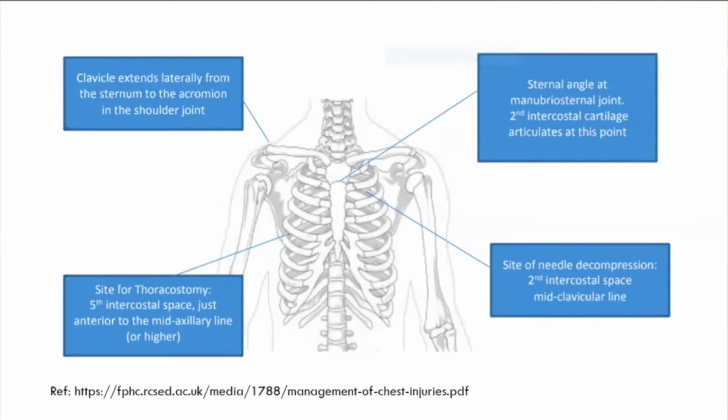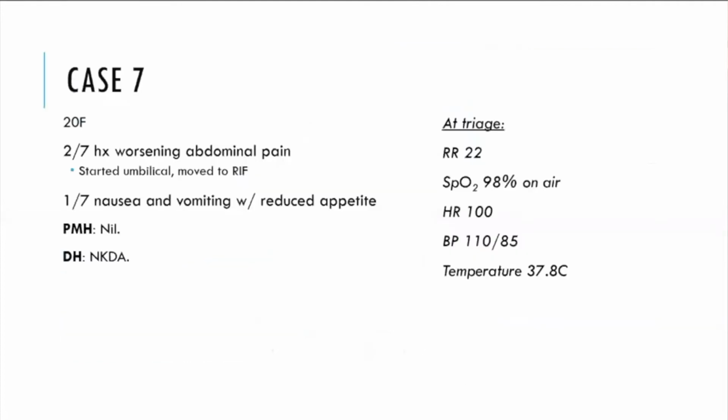So you're trying to pull that mediastinum back into the middle, pull the trachea back into the middle, reinflate the lung and enable all the big vessels, particularly your venous system, which has low pressure, that might be compressed by all the things that are going on in your thoracic cavity as a result of tension pneumothorax. But by resolving that, you're enabling those to open back up again and enabling flow around the venous system again.